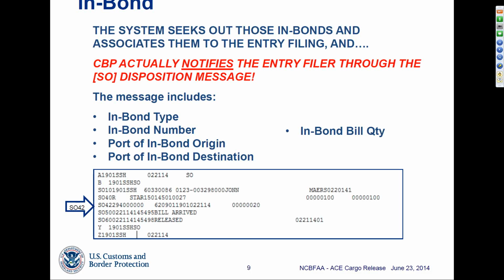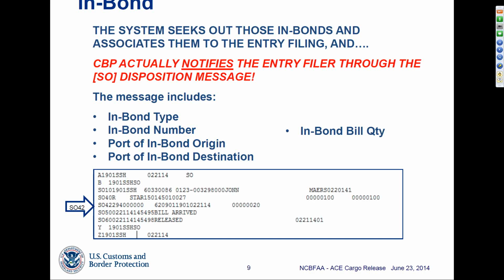Again, the caveat for immediate delivery is that it's only for a single entry and only for all parts of the shipment that arrive within 10 days of the first part's arrival.